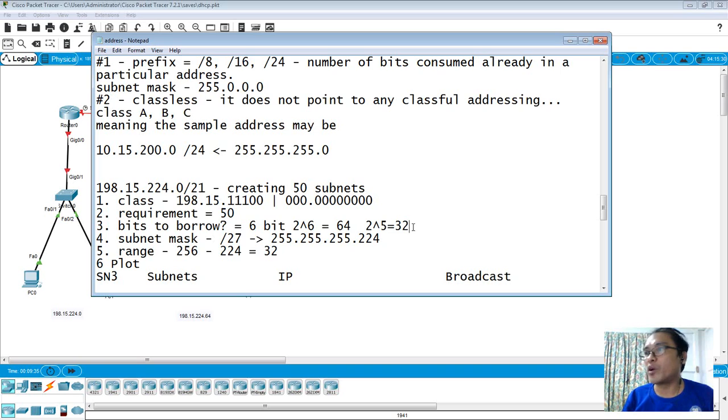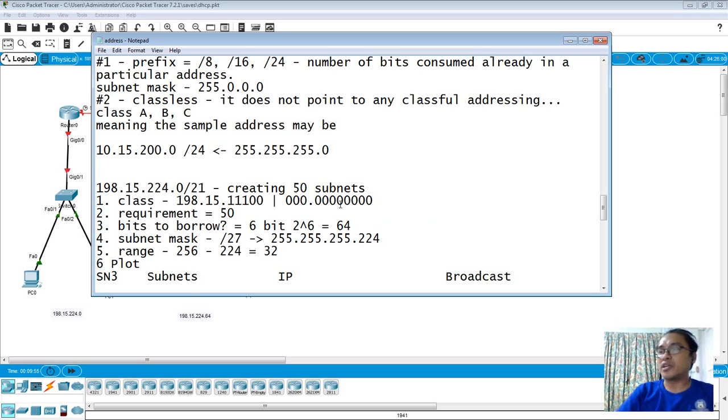And if you are going to borrow 2 raised to the power of 7, that's way too many. It's almost double what we require, so we don't need to do that. We are wasting too much, and the purpose is to lessen the waste, right? So 2 raised to the power of 6 bits is enough.